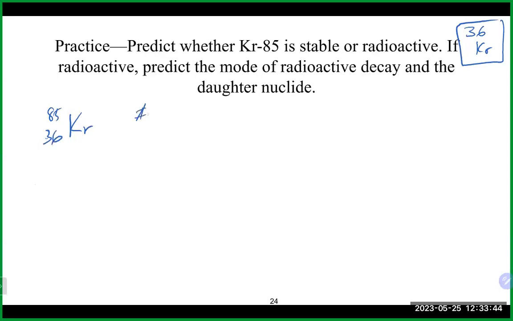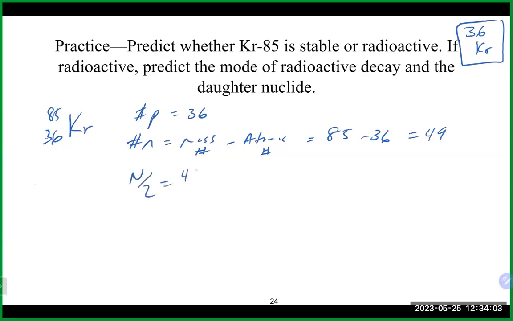Again, that obviously gives us our number of protons, which is 36. Number of neutrons, we want to take our mass number minus our atomic number. So that's going to be 85 minus 36, and that's going to give us 49. So our N to Z ratio here is 49 divided by 36, going to give us 1.36.